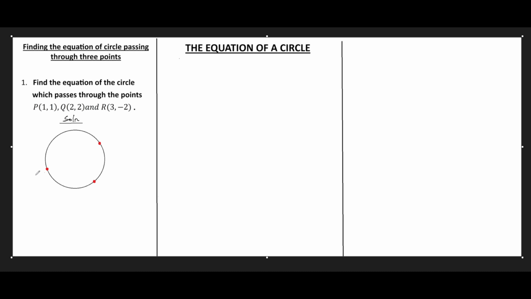We are naming this point as P. This as the second point, that is Q. And then this is point R.